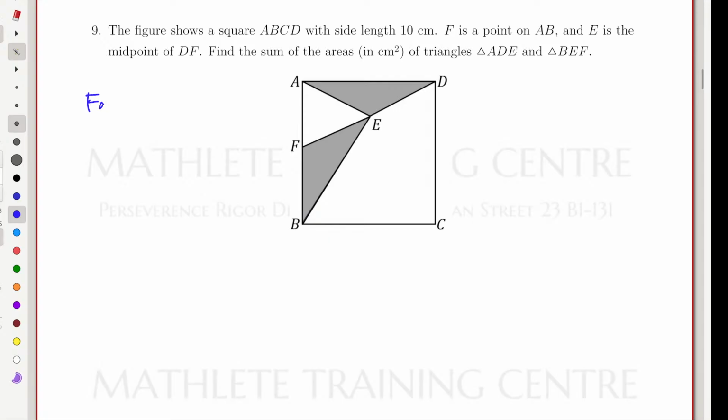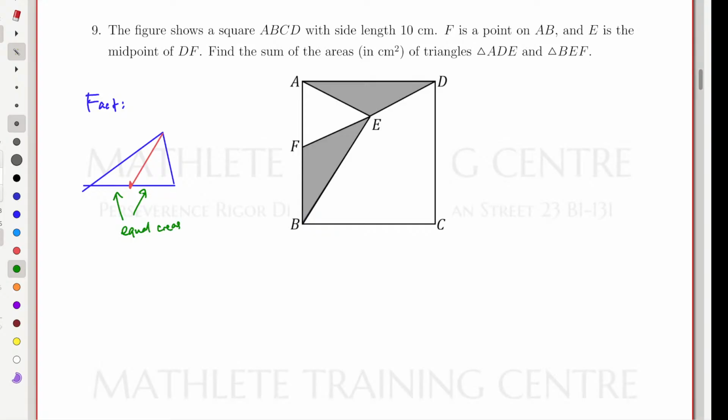For this question, we need to know a certain fact about areas, which is that if you're given a triangle, you cut at the middle, at the midpoint here, then these two things will have equal areas.